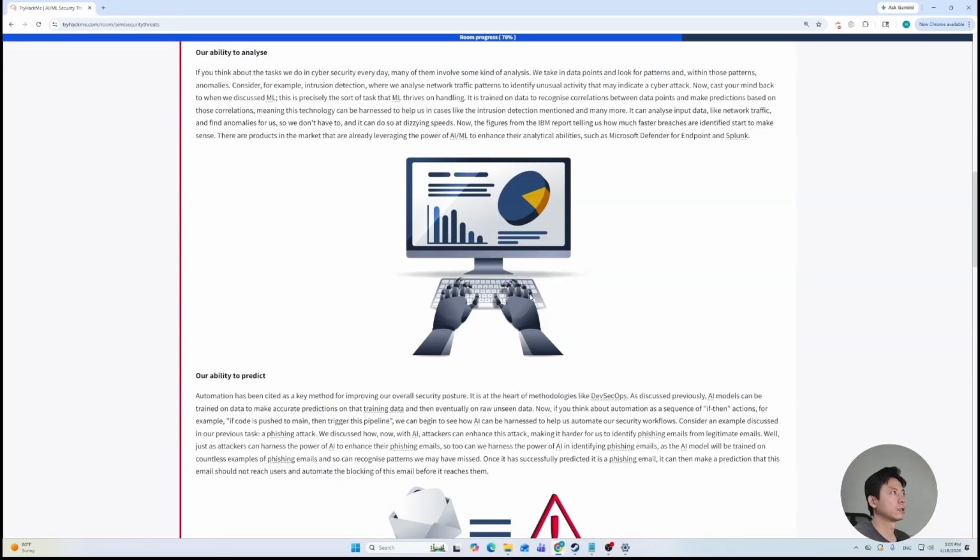This is precisely the sort of task that LLMs thrive on handling. It is trained on data to recognize correlations between data points and make predictions based on those correlations, meaning this technology can be harnessed to help us in cases like the intrusion detection mentioned and many more. It can analyze input data, like the network traffic, and find anomalies for us, so we don't have to, and it can do so at dizzying speeds. Now, the figures from the IBM report telling us how much faster breaches are identified start to make sense.